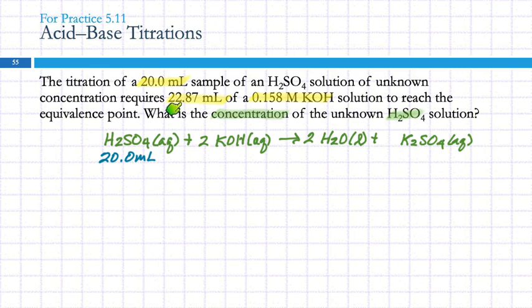And 22.87 milliliters of KOH. And then this is the concentration of the KOH. 0.158 moles per liter. And then what they want is they want the concentration of H2SO4.